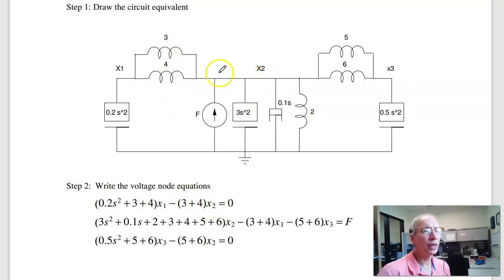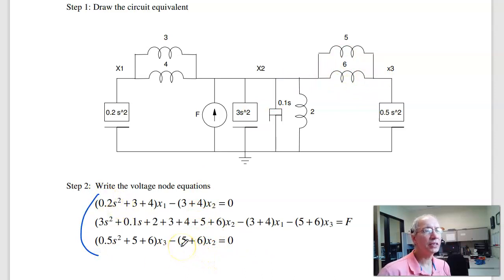At node 2, everybody attached to it, 3 plus 4 plus 3s squared plus 0.1s plus 2 plus 6 plus 5, x2, minus the admittances between 2 and 1, times x1, minus the admittances between 2 and 3, times x3, is the current to the node. Then at node 3, everybody attached to it, times x3, minus the admittances between nodes 2 and 3, times x2, is 0. So there's your dynamics.